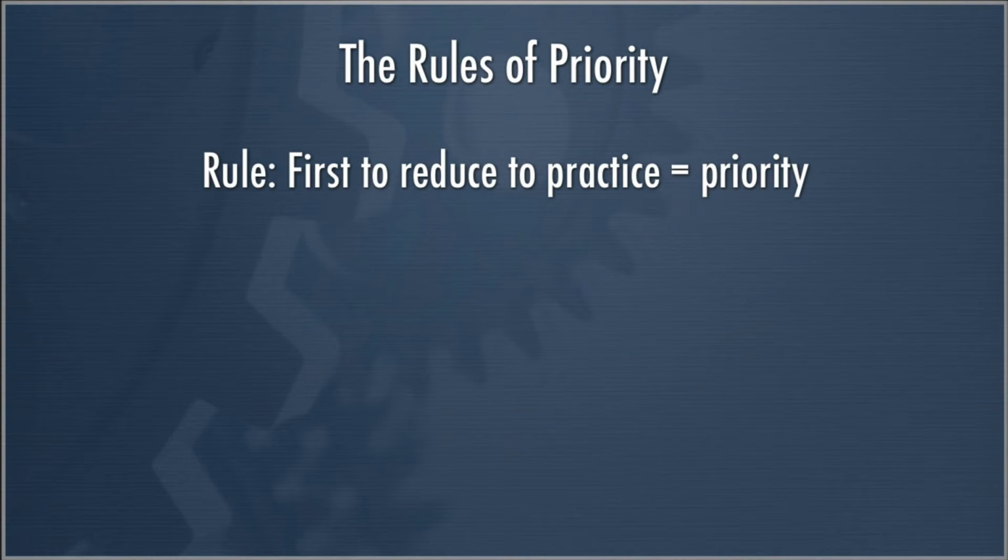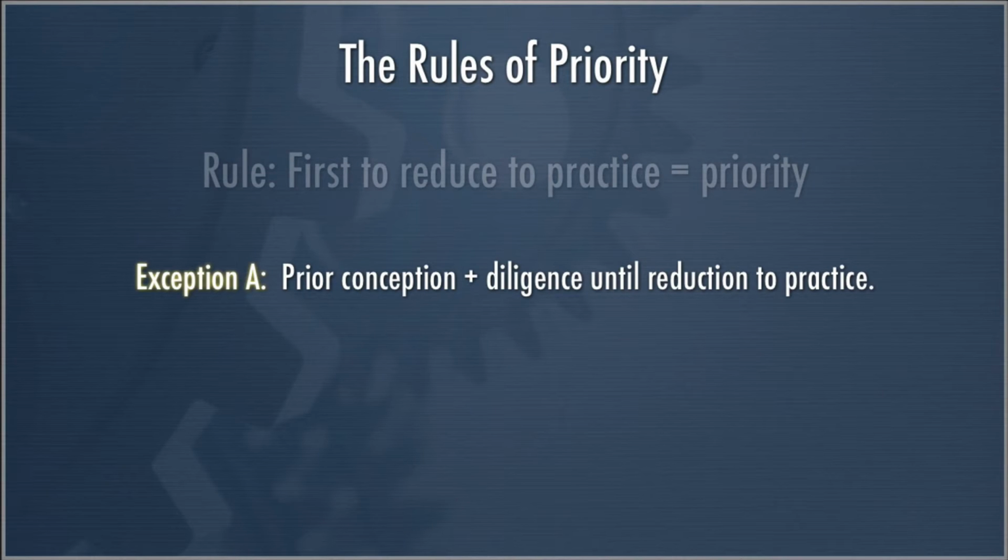So the basic rule of priority is that the first person to reduce to practice is the one who gets priority, right? That's the simple rule. Just remember that. There you go. Now, there are two exceptions, right? Exception A is that if somebody conceived prior to your reduction to practice and was diligent, then they can win, right?